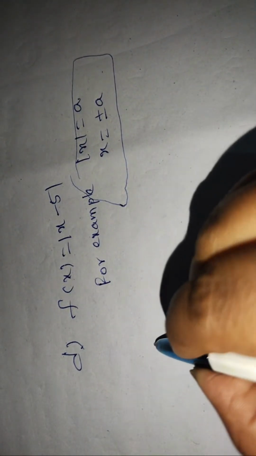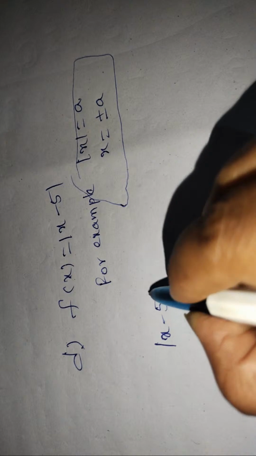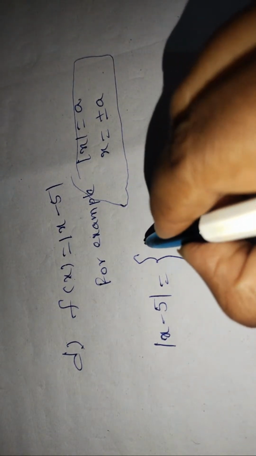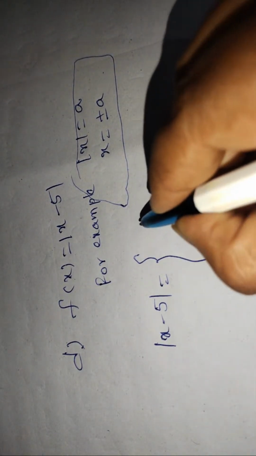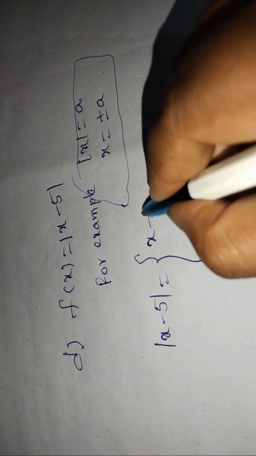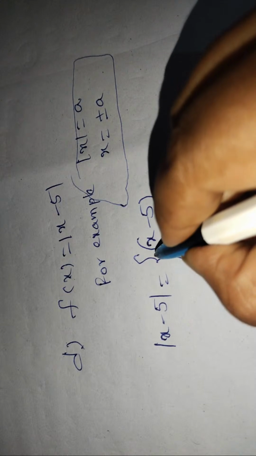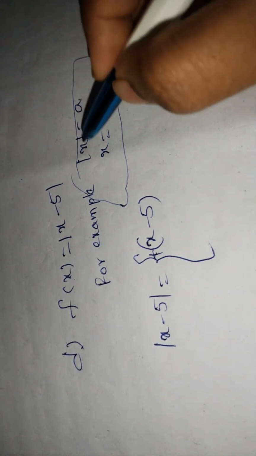So first I will take mod x minus 5 and divide it into plus or minus. I'm going to remove this mod. The first one is plus x minus 5 I will take. The meaning of mod is plus or minus.